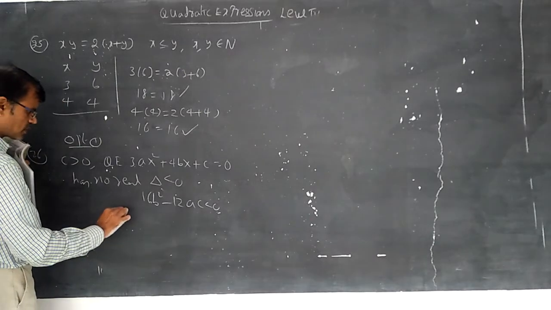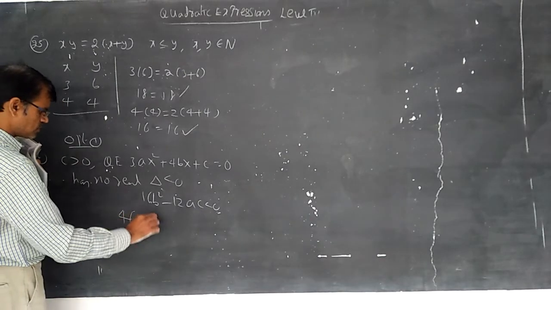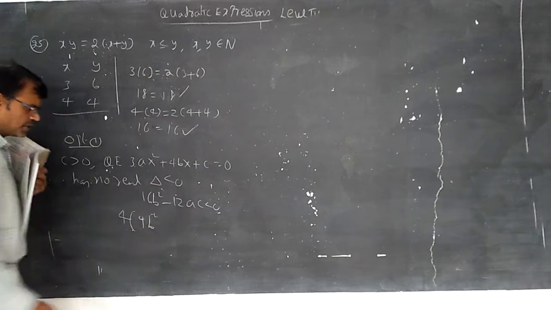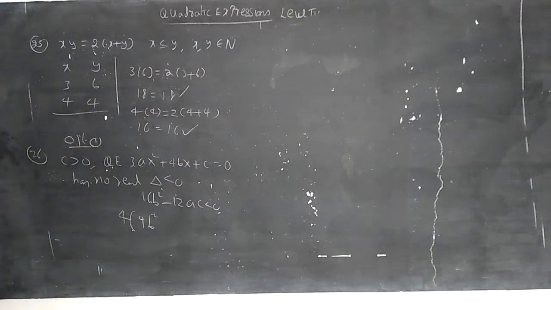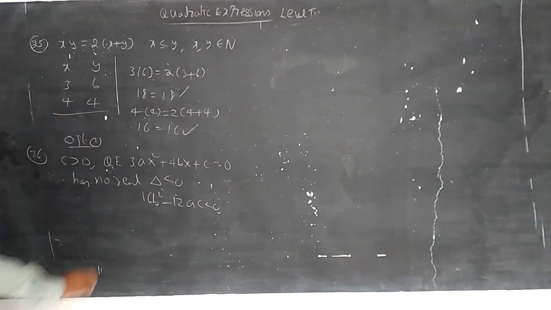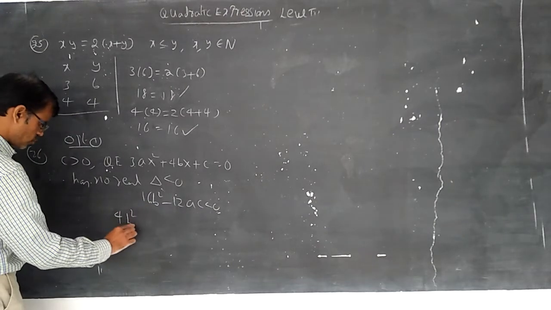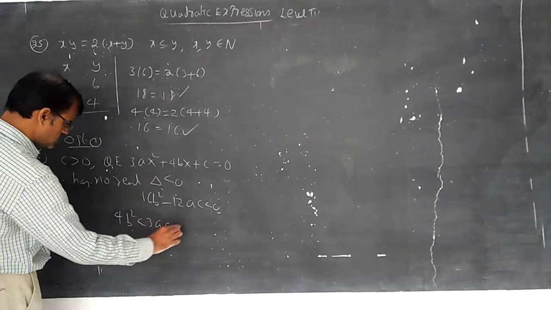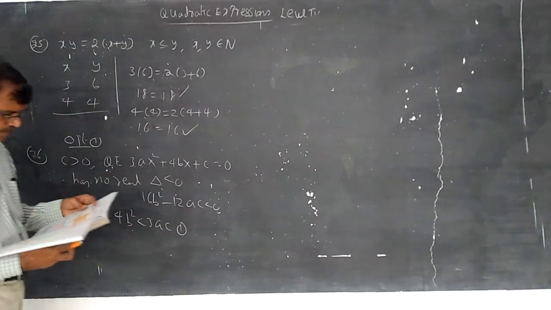Divided by 4, it becomes 4b square minus 3ac less than 0. So 4b square less than 3ac. Put this as equation 1.